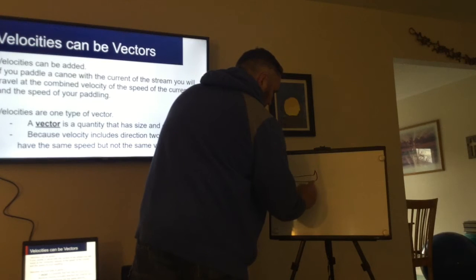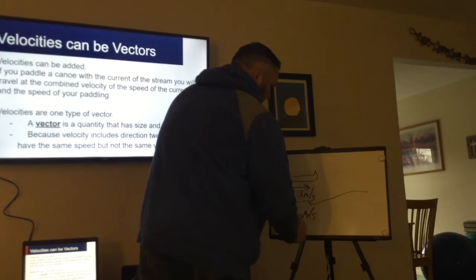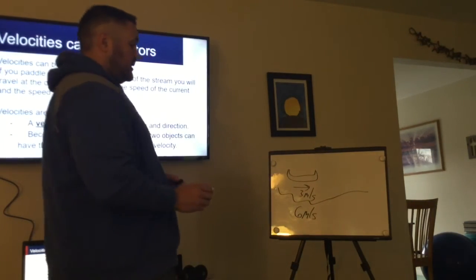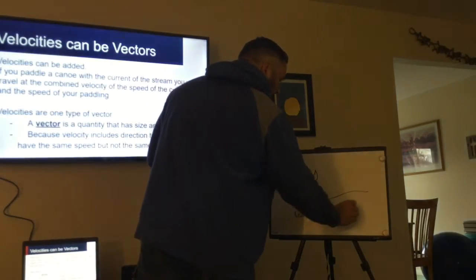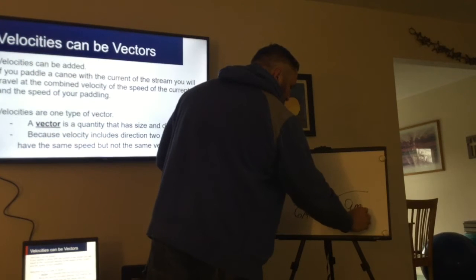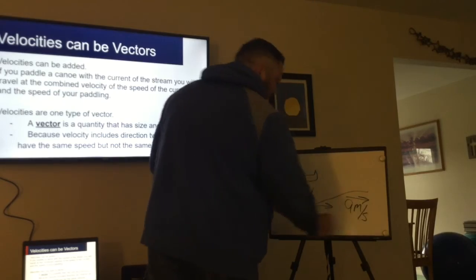Your canoe is moving at 3 meters per second, but the river itself is moving at 6 meters per second. Our total speed in this case, in that direction to the right, is 9 meters per second.